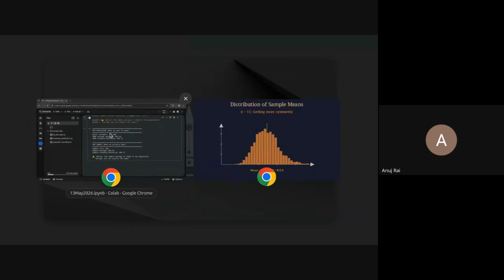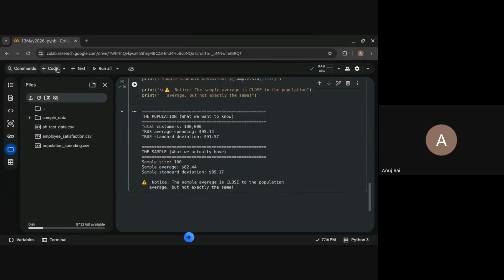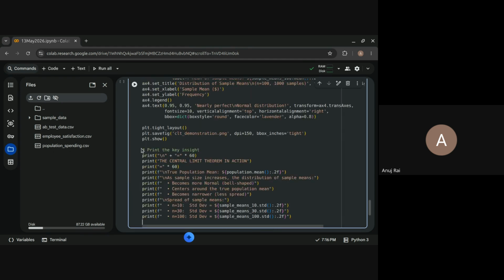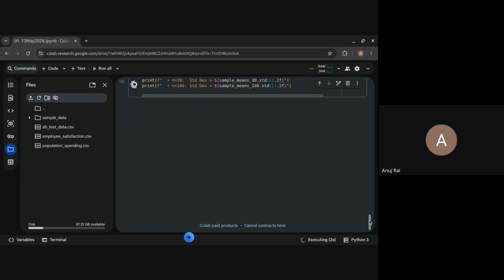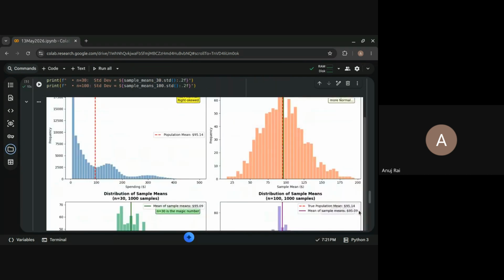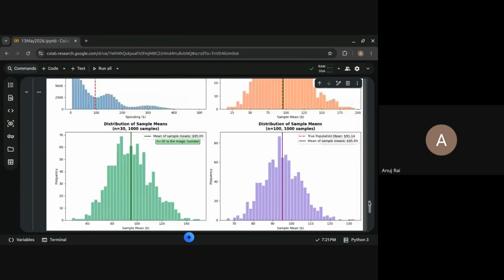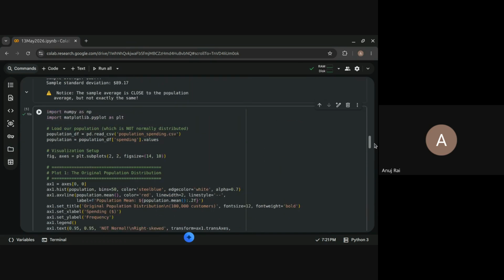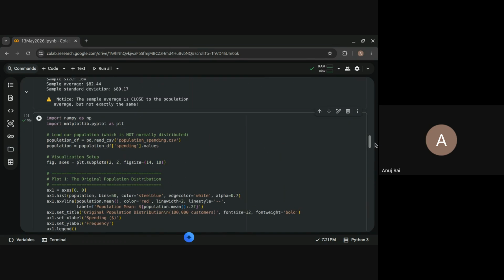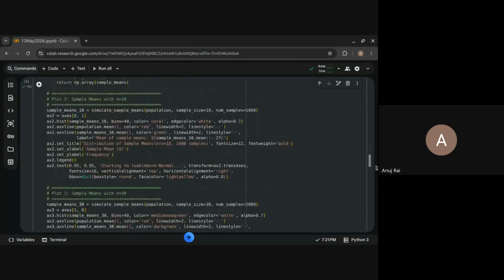Let me see if this code demonstrates that.